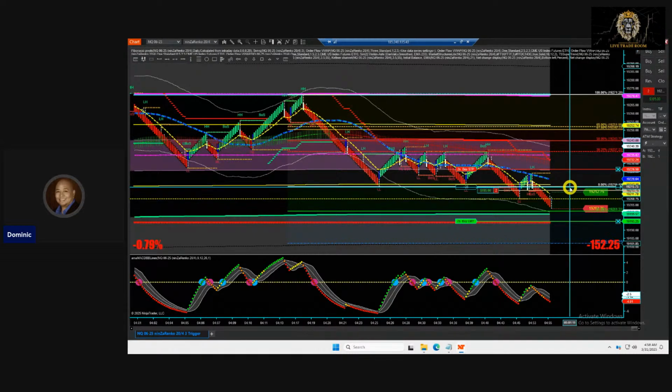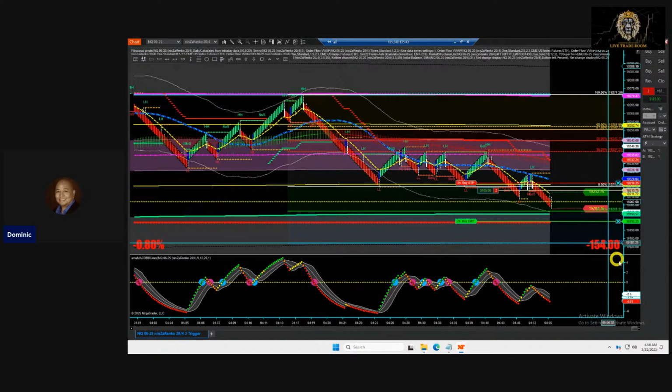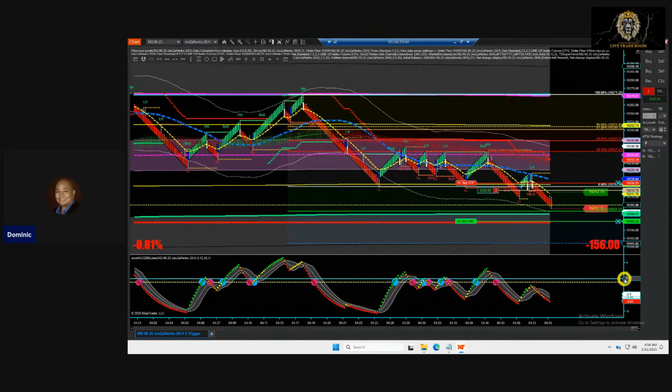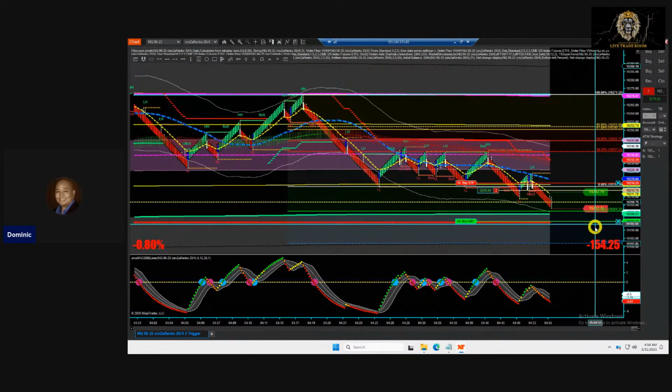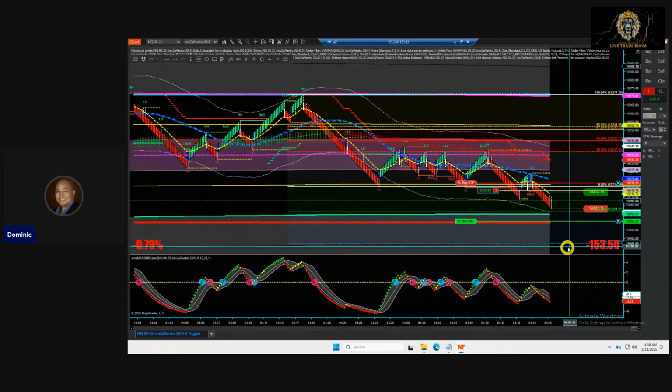I don't want to make that trailing stop too tight. Let's see if they come with strong momentums. It's at the top of the hour here, 2 minutes.